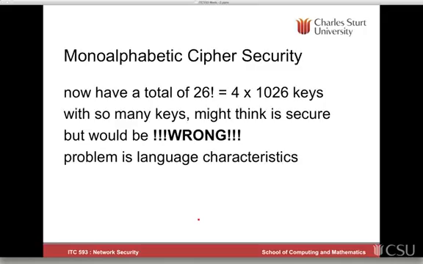Again, note that even given the very large number of keys, being 10 orders of magnitude greater than the key space of the encryption standard, the monoalphabetic substitution cipher is not secure because it does not sufficiently obscure the underlying language characteristics. This is one of the problems of monoalphabetic cipher techniques.